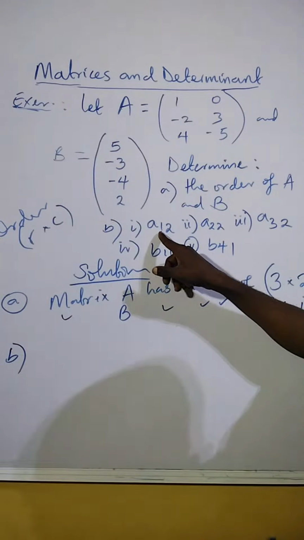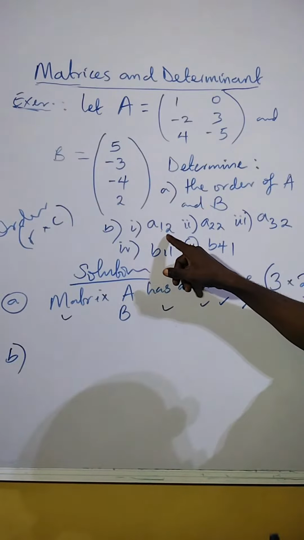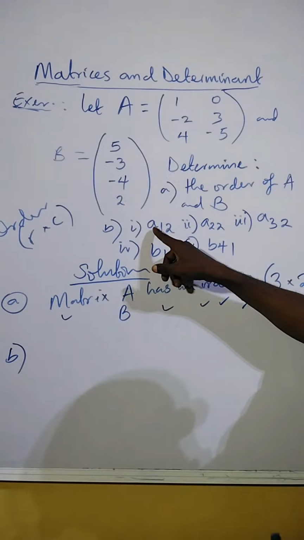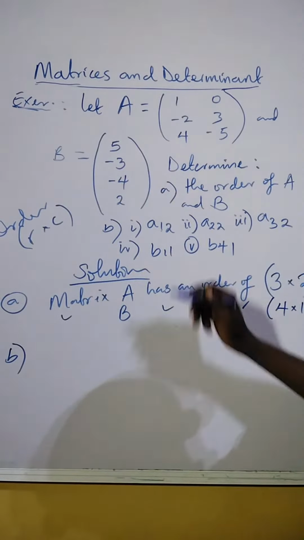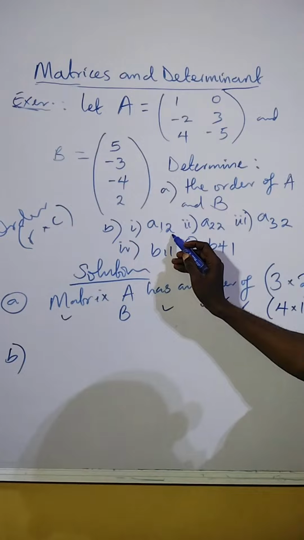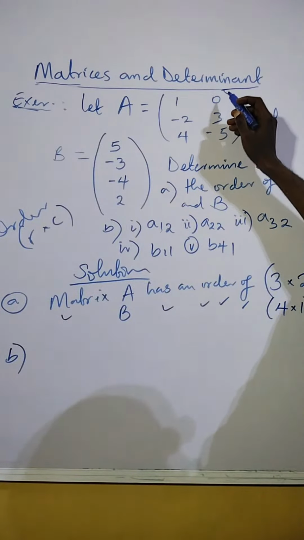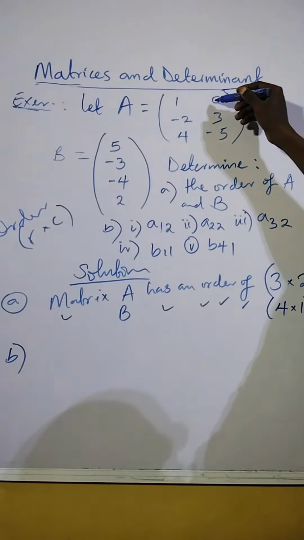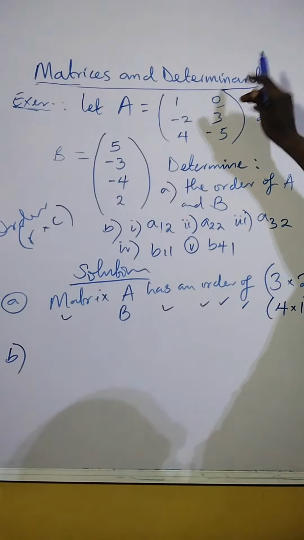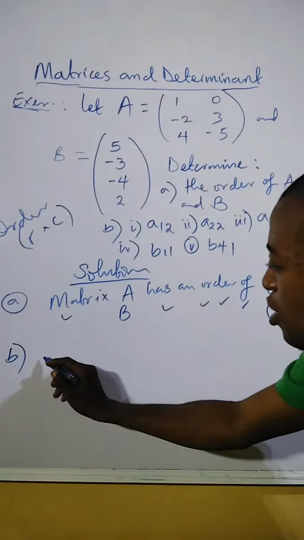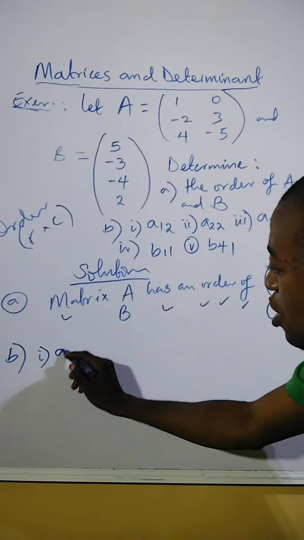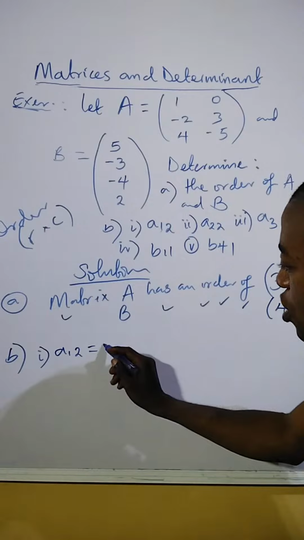First number is the row and second number is the column. When you look at it, this is row 1, and this is column 2. So we have 0 here. So A12 is equal to 0.